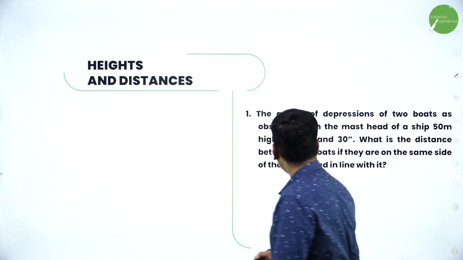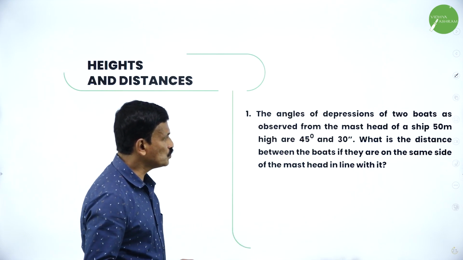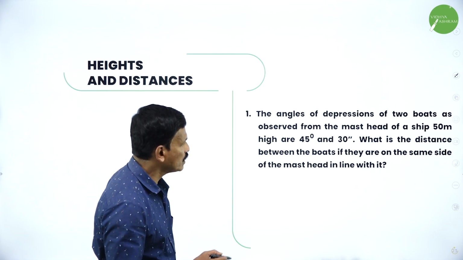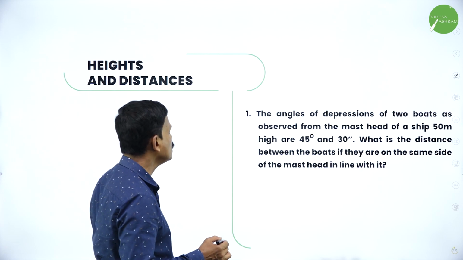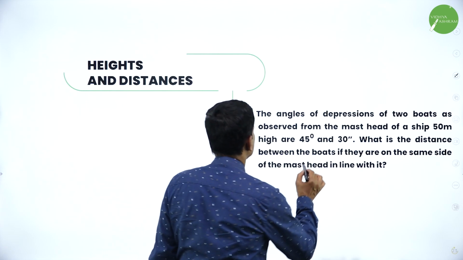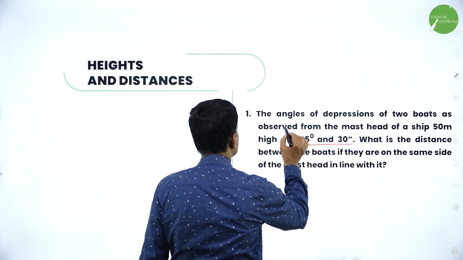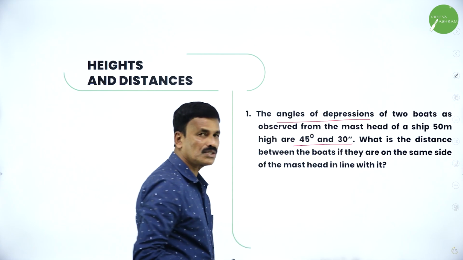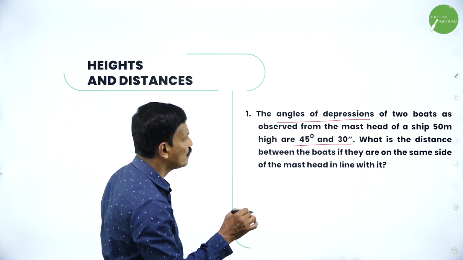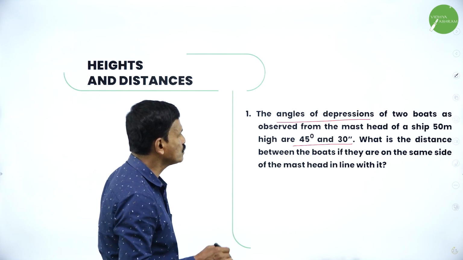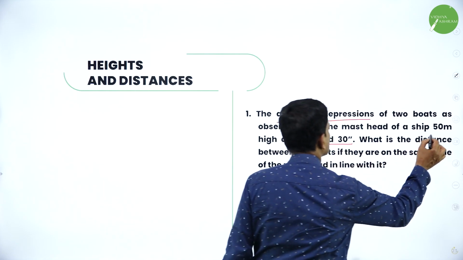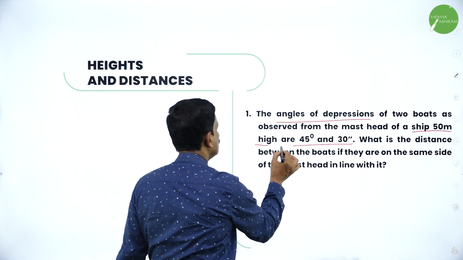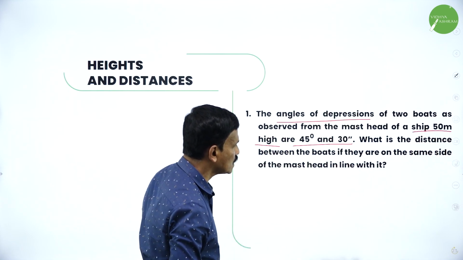Now, the angle of depression of two boats as observed from the mast head of a ship 50 meters high are 45 degrees and 30 degrees. So here what is given? The angle of depression of two boats as observed from the mast head of a ship 50 meters high are 45 degrees and 30 degrees.